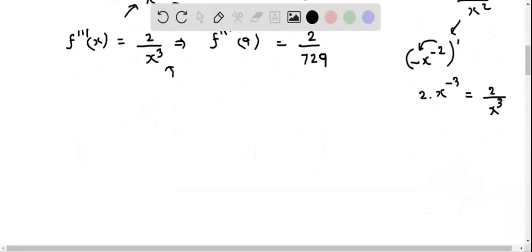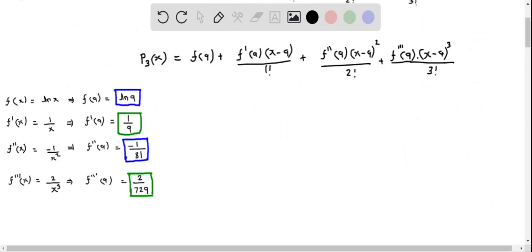So let's do that. We will now substitute the values of f of 9, f prime of 9, f double prime of 9, and f triple prime of 9 into the equation to find the Taylor polynomial.